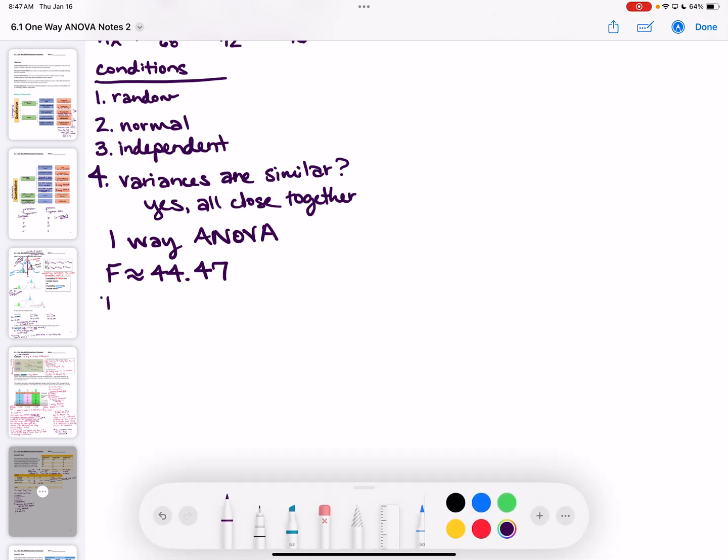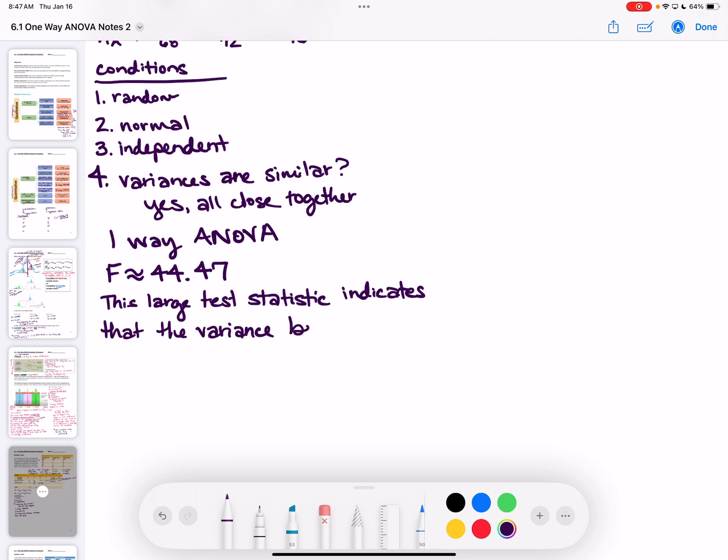So this large test statistic indicates that the variance between groups is large compared to the variance within.